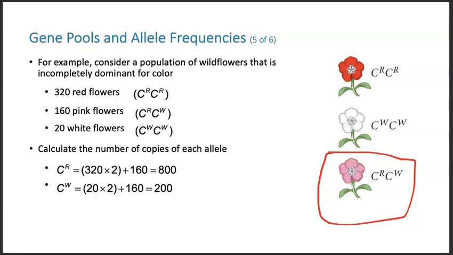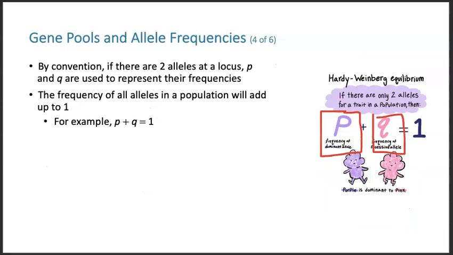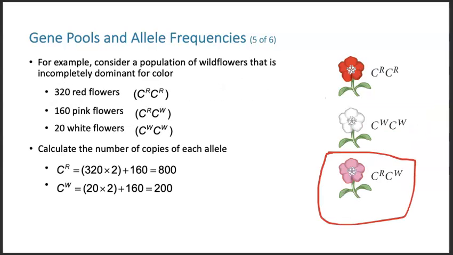We're going to give that P. Again, just because of conventions, right? Like we only have P and Q, and P is defined as that frequency of the dominant allele. When we're dealing with incomplete dominance, we don't have a dominant allele, so we just arbitrarily assign it to P or Q.